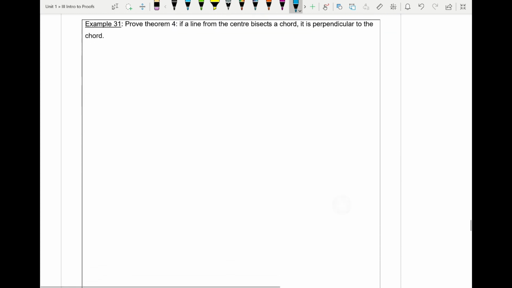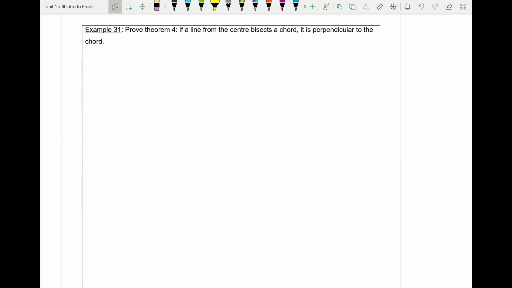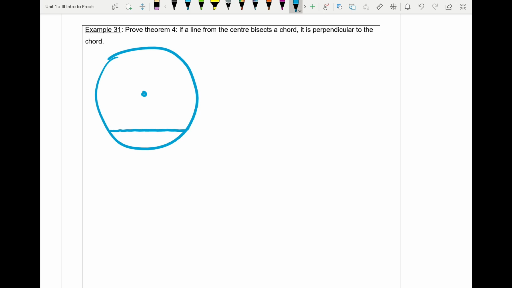Okay, our last example for this video is looking at proving Theorem 4. If a line from the center bisects a chord, it is perpendicular to the chord. So we have our circle, we have our center, we have our chord, and we want it to bisect it.